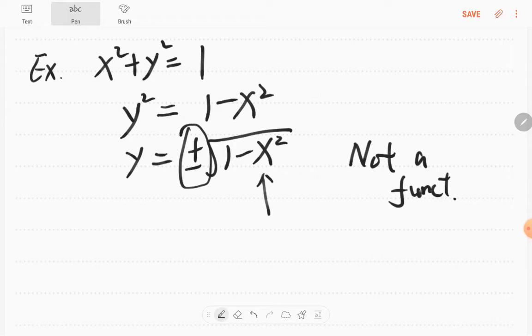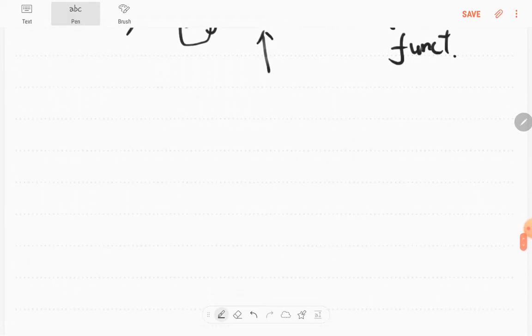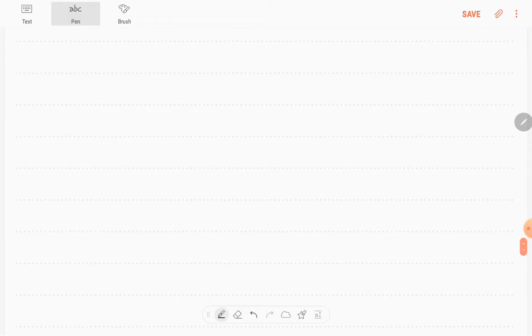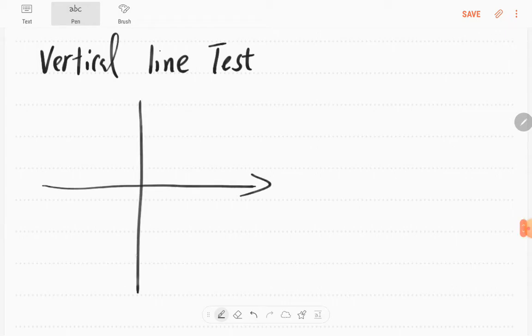So if we know the graph, how can we identify whether a curve represents a function? Here we use what is called the vertical line test. What does this mean? If you have a curve, you draw a vertical line anywhere you want.